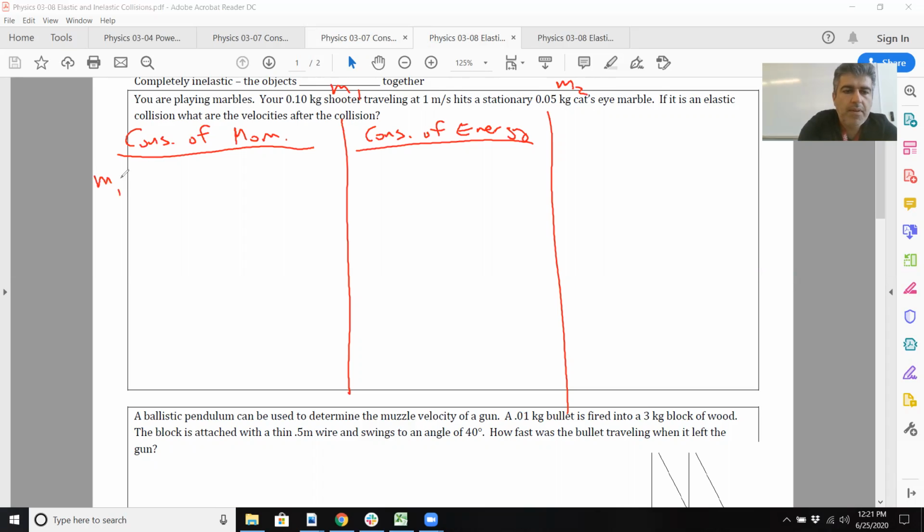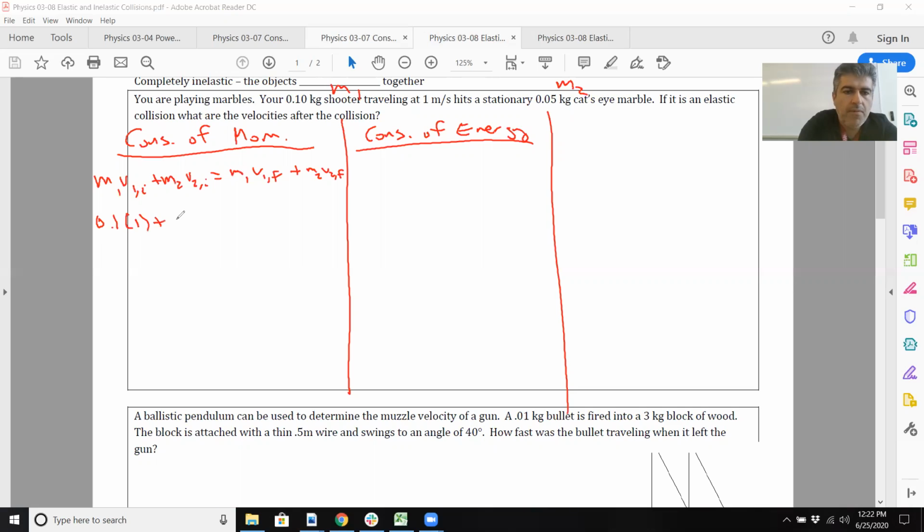So mass 1, V1 initial, plus mass 2, V2 initial, will equal mass 1, V1 final, plus mass 2, V2 final. So your mass 1, of course, is 0.1. The V1 initial is 1.